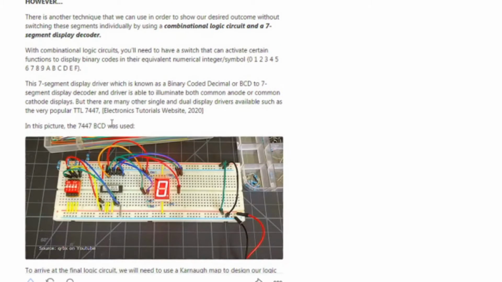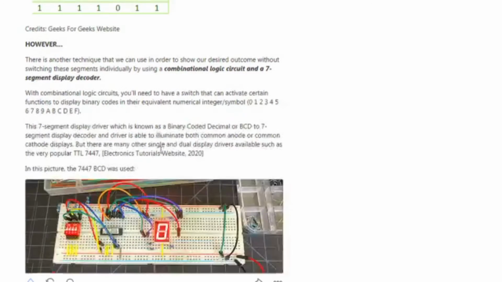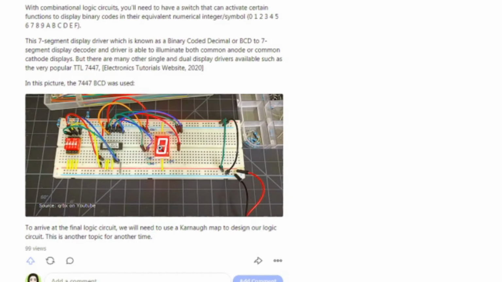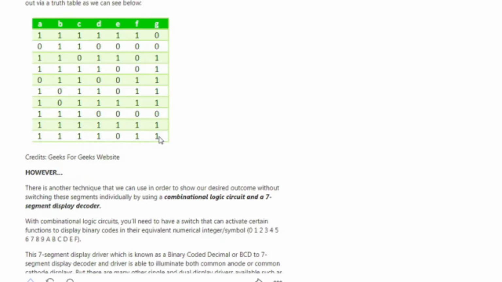So if we want to show 0, we will just click a certain switch and we'll be able to show it without individually switching the 7 segments on and off.